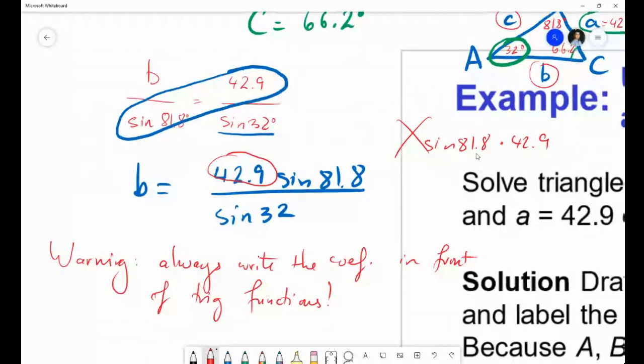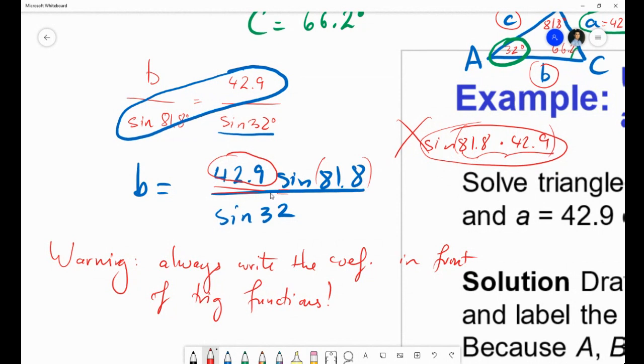This is wrong. Do not do this. If you do this, you're going to have the argument of sine be this product here, because the calculator is going to think you meant this. Okay? So be very careful. If you are going to use this, you need to put parentheses around this number. Just to be safe, always write the number or the coefficient in front of the trig function.